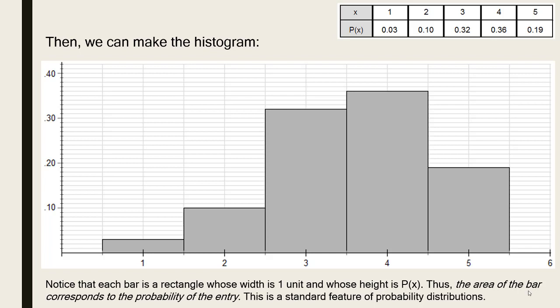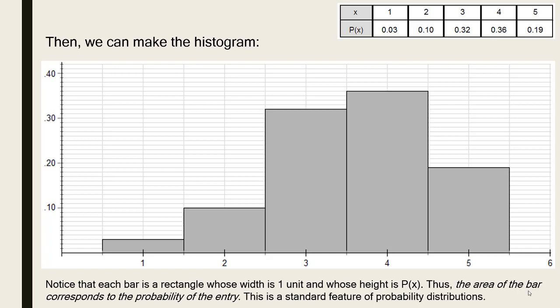Now that's not a big deal right now, but coming up in the future, especially when we get into chapter 5, we're going to see that there is this intimate relationship between area and probability. And we're going to use that relationship to help us answer a lot of questions.